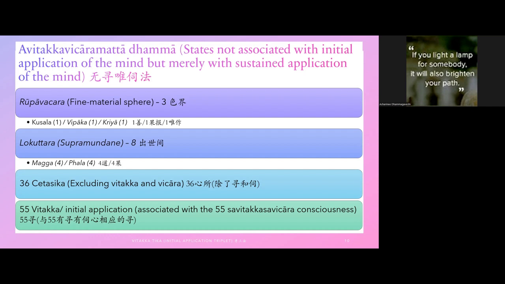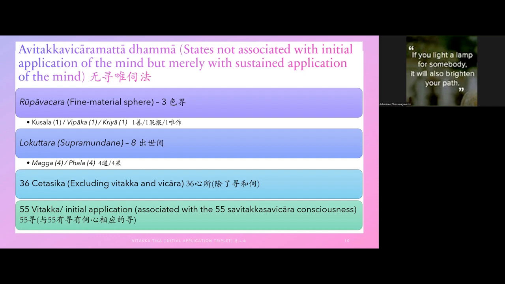Now, under the first term, we had 55 vitakka and 55 vichara that were excluded from that term. Now, the 55 vitakka that were excluded from savitakkasavicārā dhamma are included here under avitakkavicāramattā.